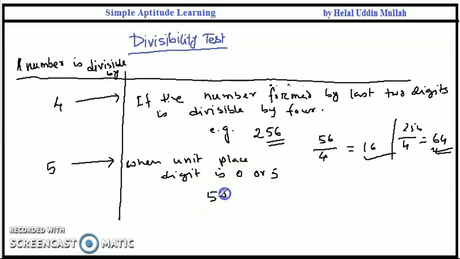So 50: its unit place digit is 0. So 50 is divisible by 5. If we divide it by 5, it is 10. Then we consider 775.